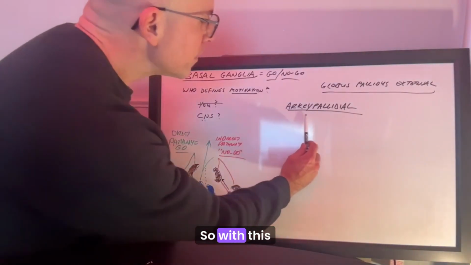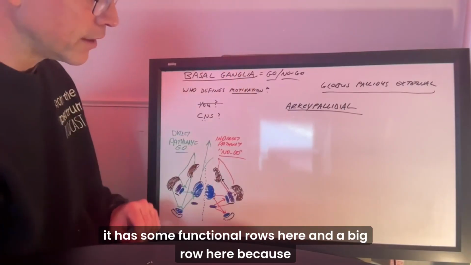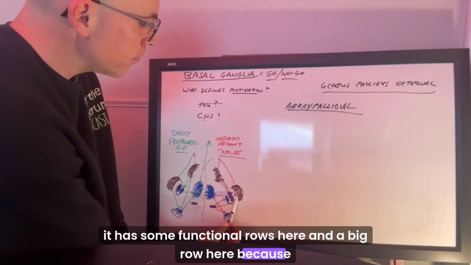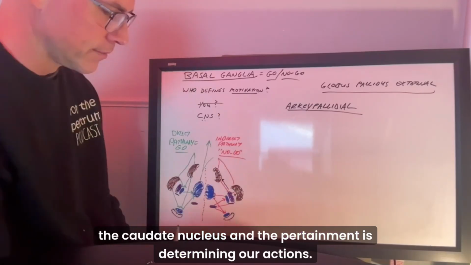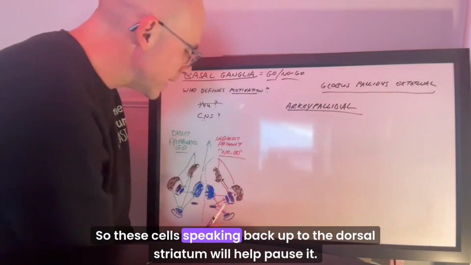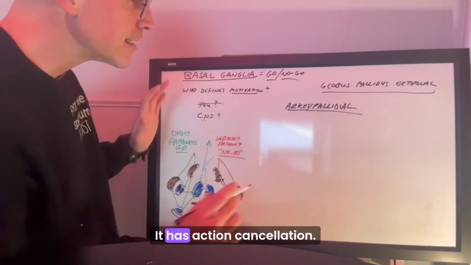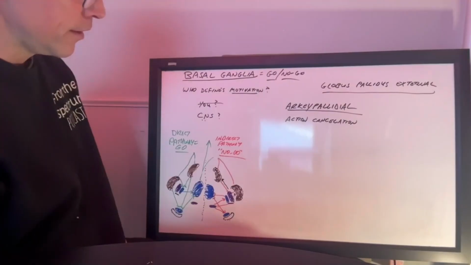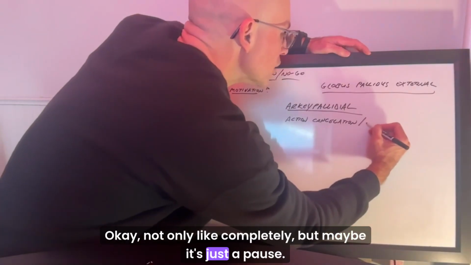So with this arky cell, it has some functional roles here. And a big role here, because the caudate nucleus and the putamen are determining our actions. So these cells speaking back up to the dorsal striatum will help pause it. It has action cancellation. Okay, not only completely, but maybe it's just a pause.